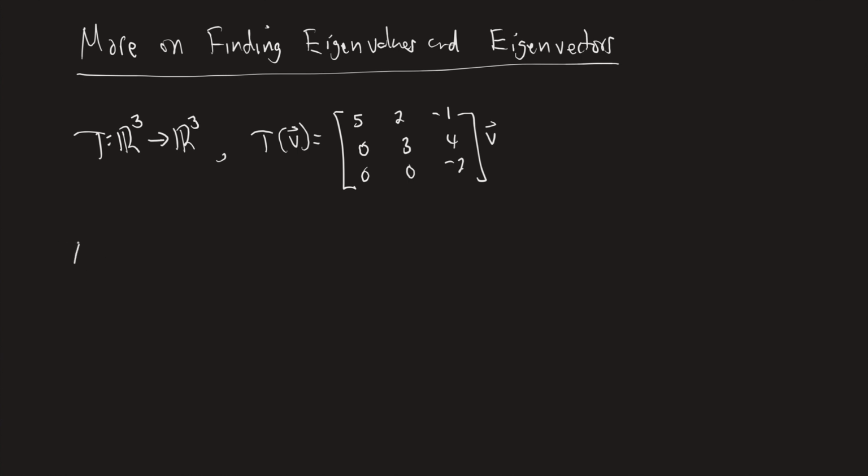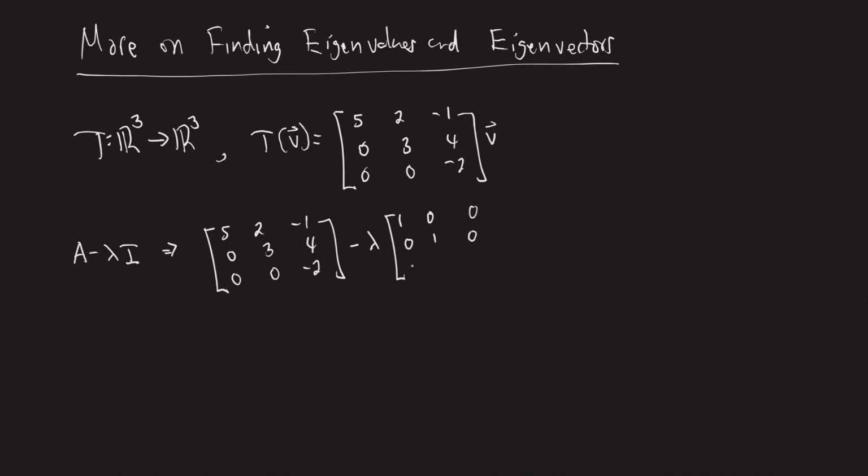Remember, it's A minus lambda I. In this case, our I is going to be the 3 by 3 identity. Here's our A, 5, 2, -1, 0, 3, 4, 0, 0, -2, minus lambda times 1, 0, 0, 0, 1, 0, 0, 0, 1.